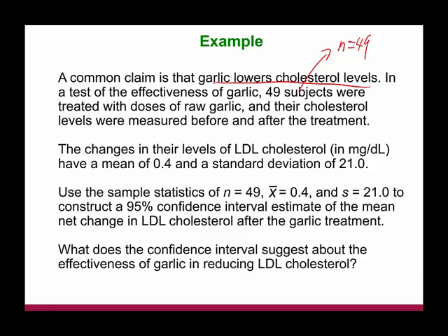The changes in their LDL cholesterol levels, in milligrams per deciliter, have a mean of 0.4, so we get a sample mean equal to 0.4. Because it's a sample, we also have a sample standard deviation equal to 21.0.